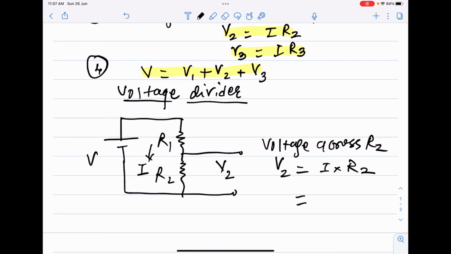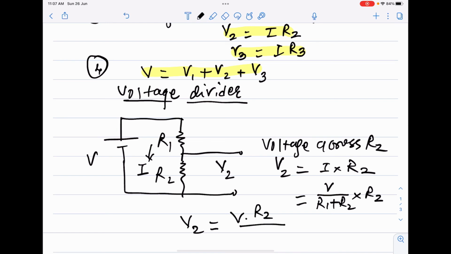But the current flowing through the resistance R2 is V divided by R1 plus R2, into R2, and therefore the voltage across the resistance R2 is V into R2 divided by R1 plus R2. So this formula is very useful in order to calculate the voltage across the resistance R2.